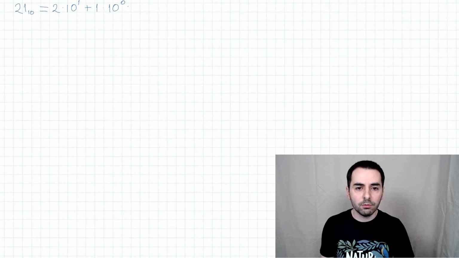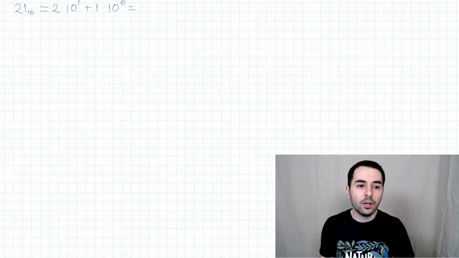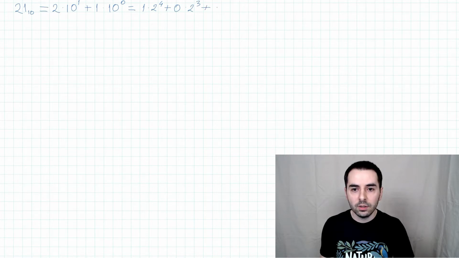To convert this to binary, we need to know what's the largest power of 2 that 21 contains. It's 16, which is 2 to the power of 4. So we can say 1 times 2 to the power of 4 plus... 16 plus 8 is over, so we don't have the 2 to the power of 3. 16 plus 4 is 20, so we have 1 times 2 to the power of 2, and then for 20 we just need the 1.